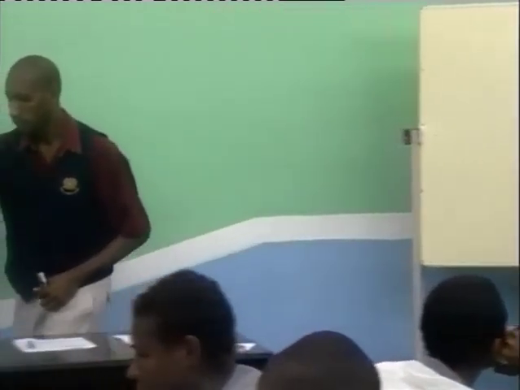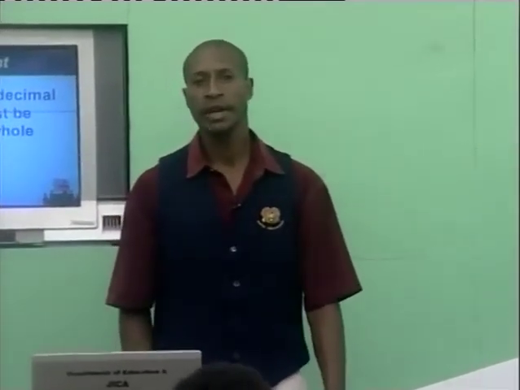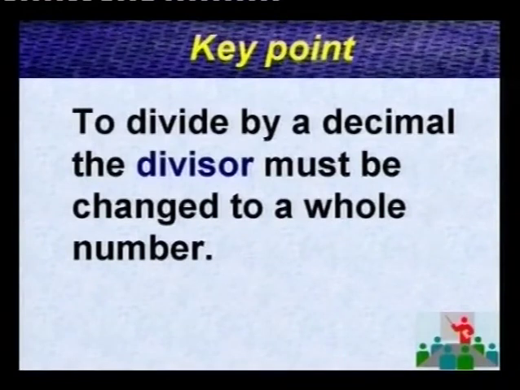So, the key point. What is the key point when you are dividing decimals, receiving students and 8Es? The key point is, can you all read? That is the key point.